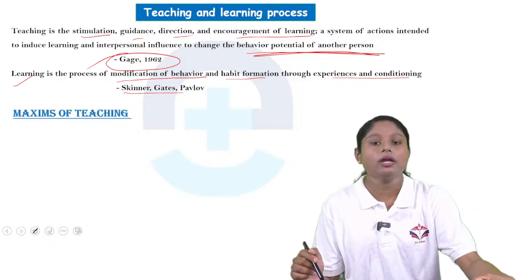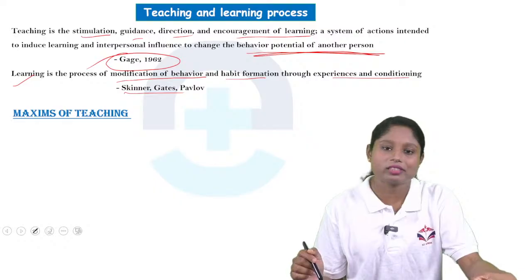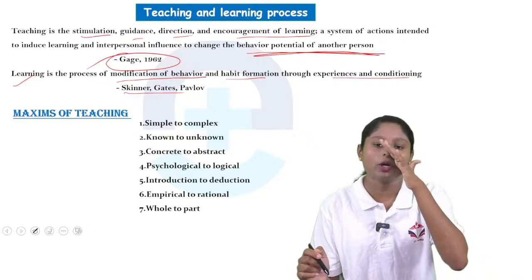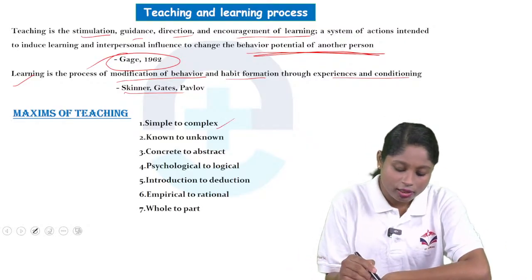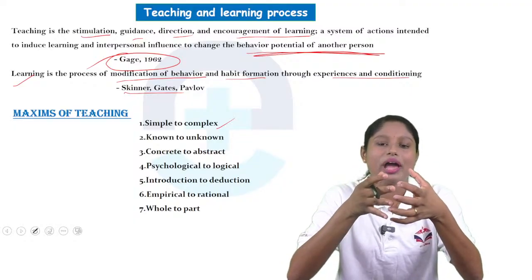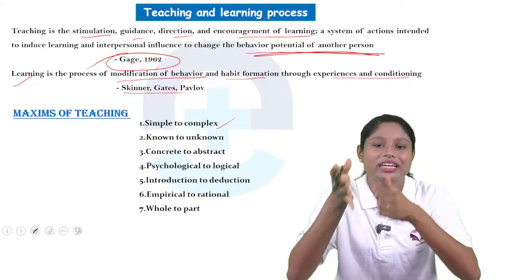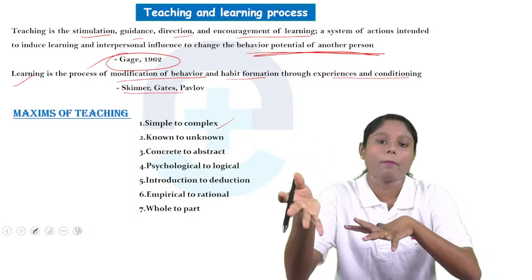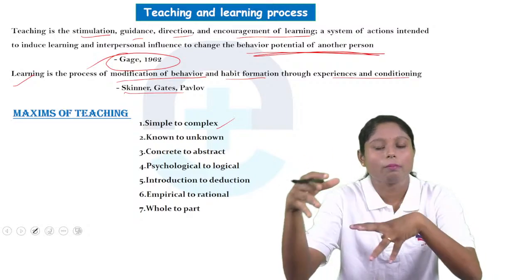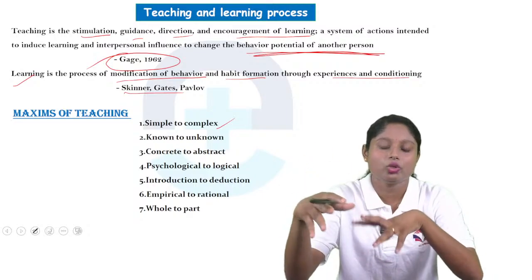Now we will see the maxims of teaching. So what are the maxims of teaching? That is also one important topic. Simple to complex: the teacher should teach from simple to complex topics.